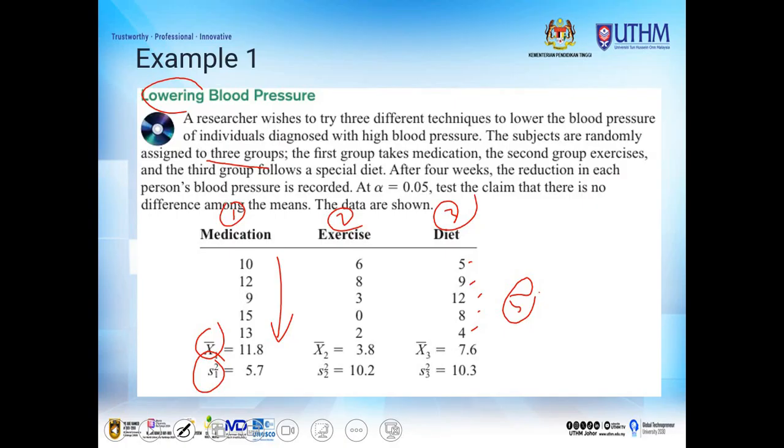So here for the medication, the mean is 11.8, for exercise 3.8, and diet is 7.6, while the variance for medication is 5.7, exercise is 10.2, and diet is 10.3. Okay, remember class, definitely we will be utilizing this information later on when we do the testing part.